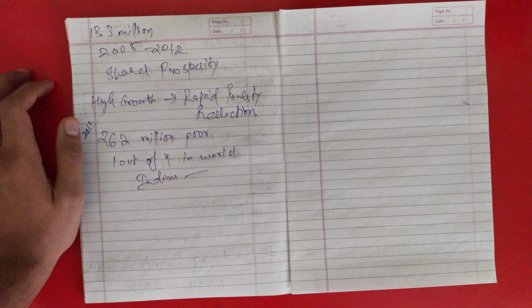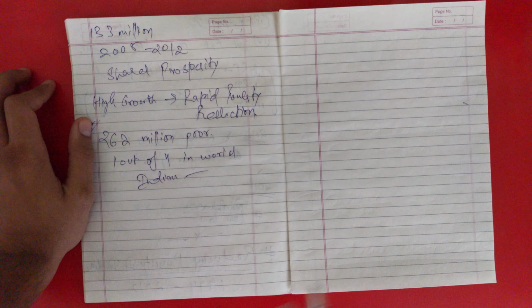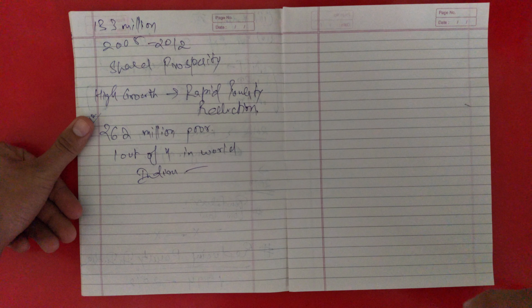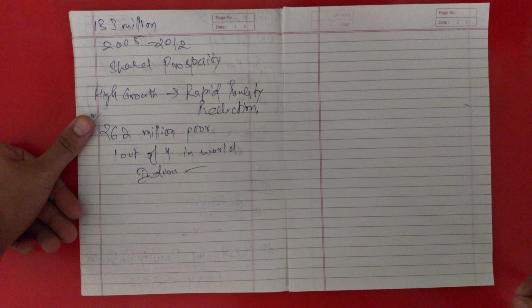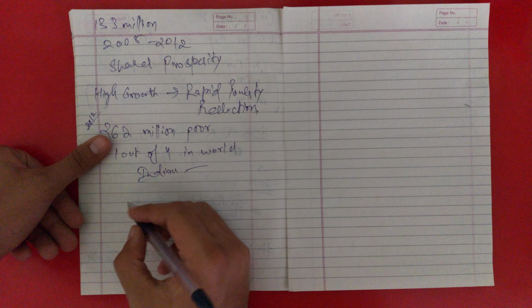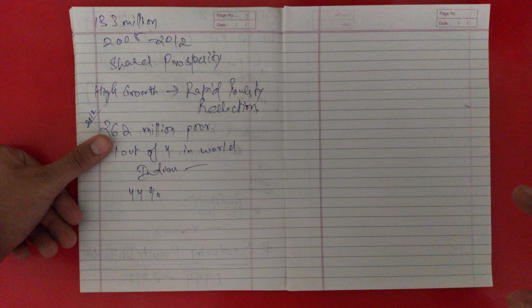It is a geographical concept: if you go to a village, you will find more poor compared to urban society. In 2012, three large lower income states alone, Uttar Pradesh, Bihar and Madhya Pradesh, accounted for 44% of India's poor.